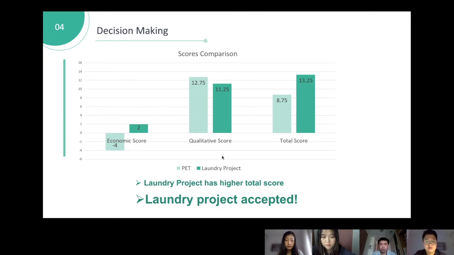From this chart, we can see that even though the PET program has a higher qualitative score, which is 12.75, because of the big gap of economic score, we can find out finally the total score of the laundry proposal has a higher value. So we can make a decision here that the laundry proposal should be accepted. This is all.